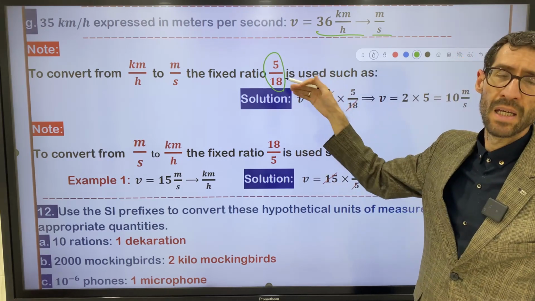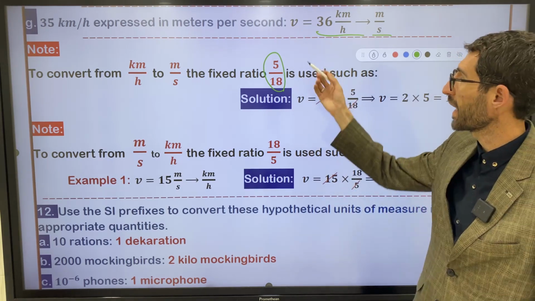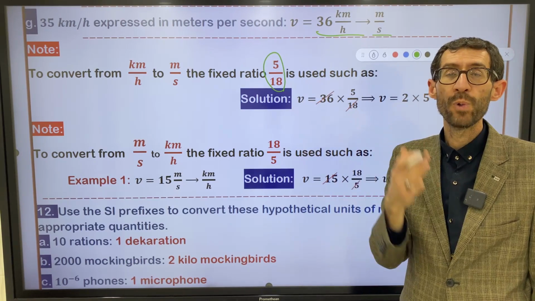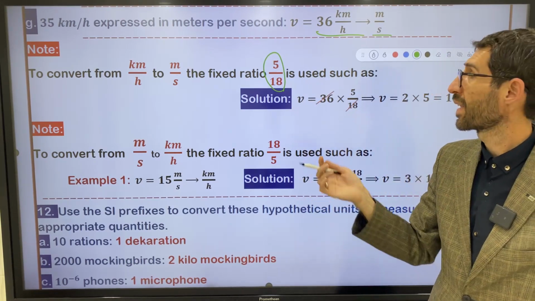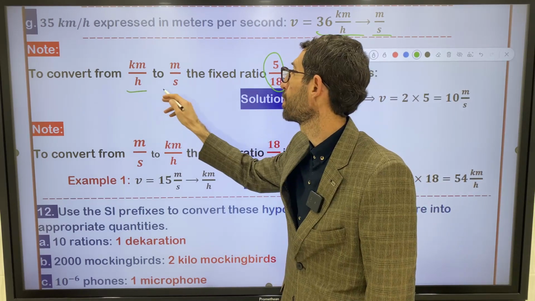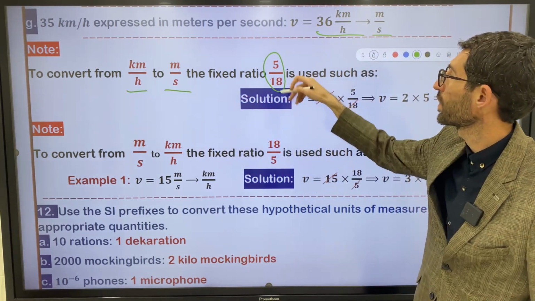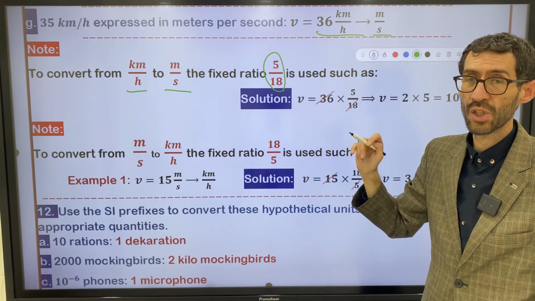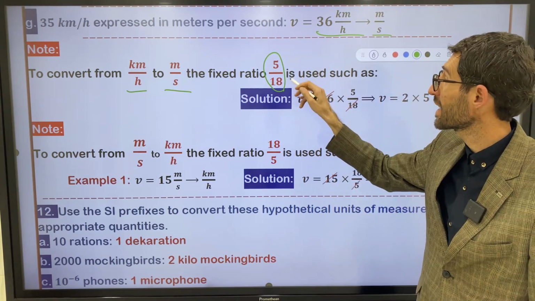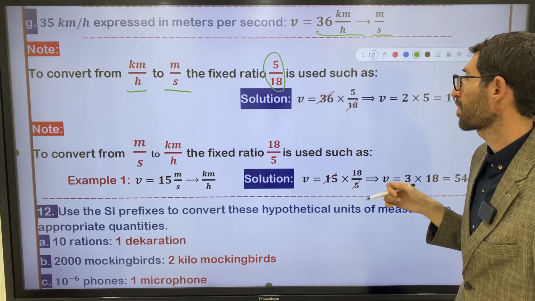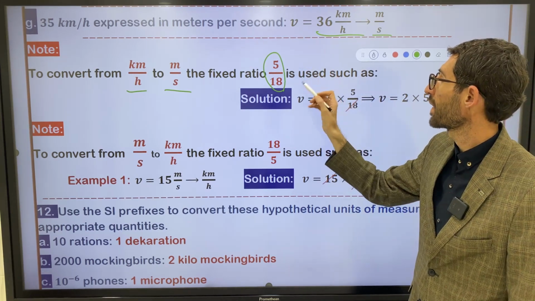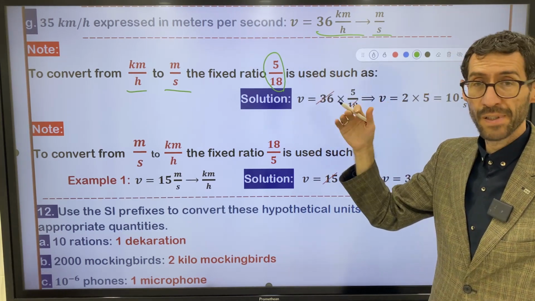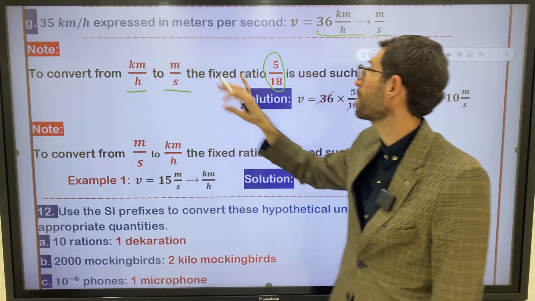I want you to memorize this fraction, 5/18, from kilometers per hour to meter per second. Keep in mind that this is the fixed ratio, 5/18, for conversion from kilometers per hour to meter per second.